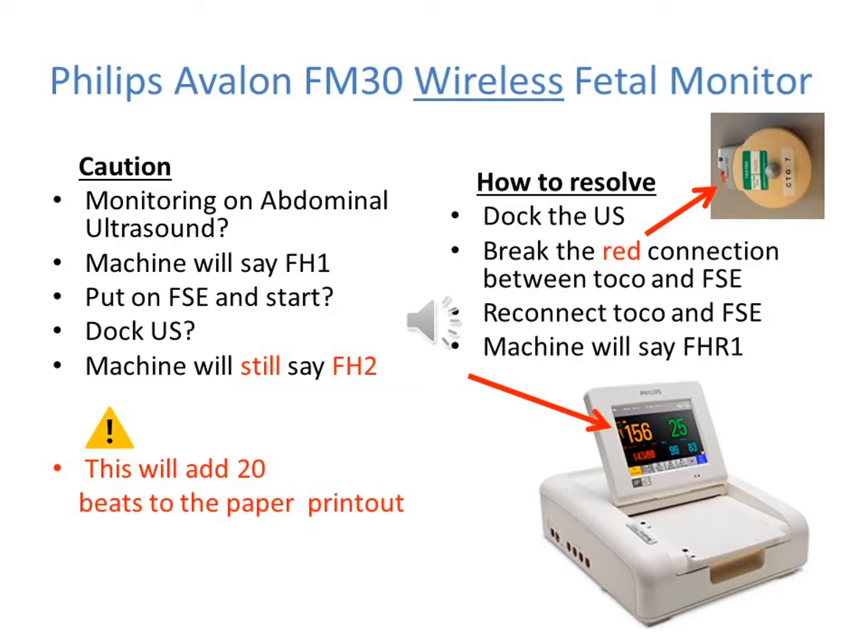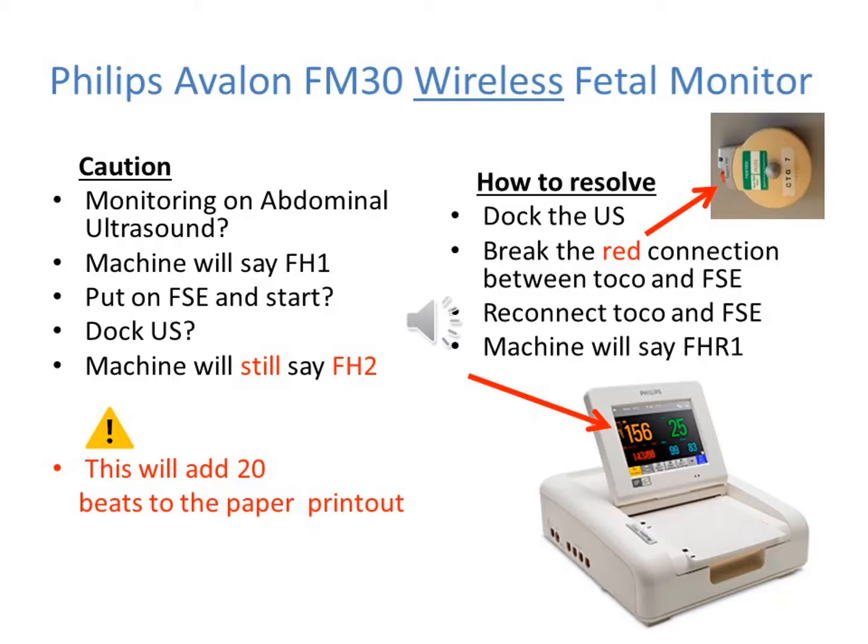It's really important to be aware of this, whether you're an obstetric doctor or a midwife, because if this happens, it will add 20 beats per minute to the paper printout, so there'll be a discrepancy between the reading of the fetal heart rate on the machine and that on the paper printout for CTG.